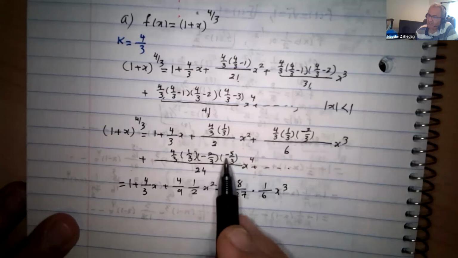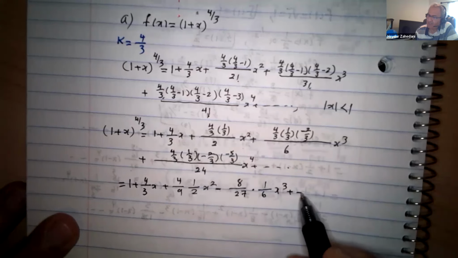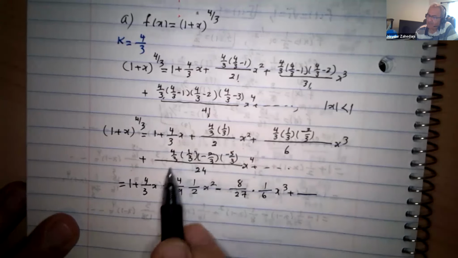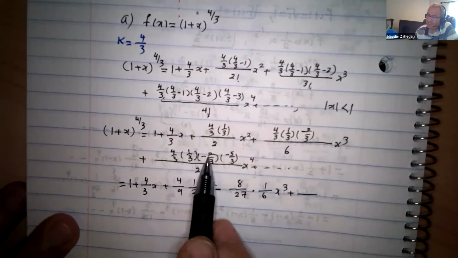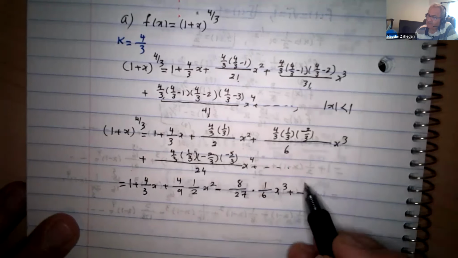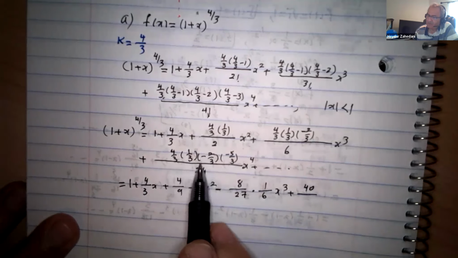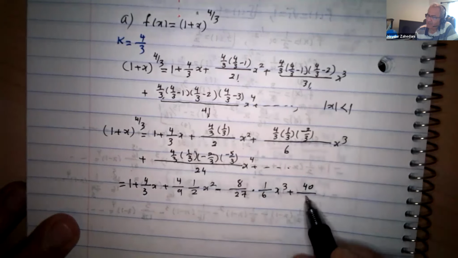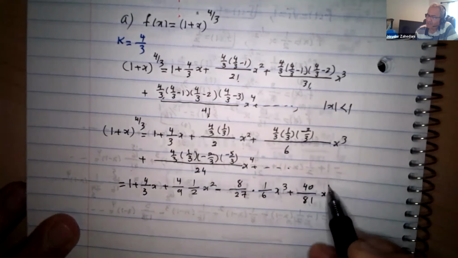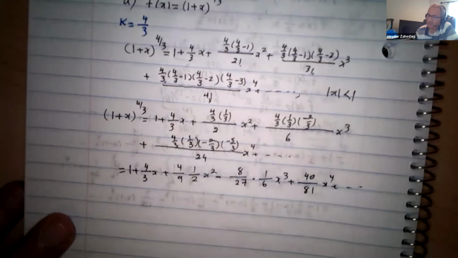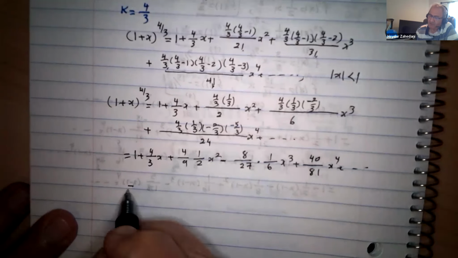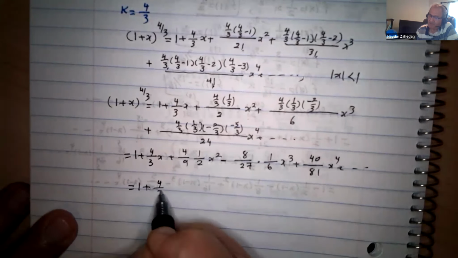The next one, negative would be positive, so it's going to be plus. The top, 4 times 2, 8, times 5, 40. And this is going to be 3 to the 4th, 81, 81 x to the 4th. That's it. So it's going to be 1 plus 4/3 of x.